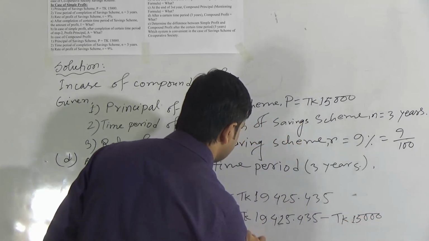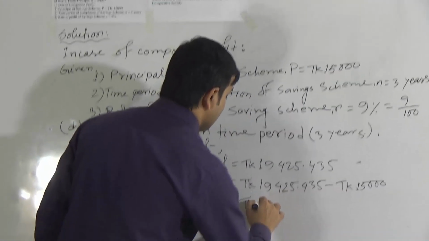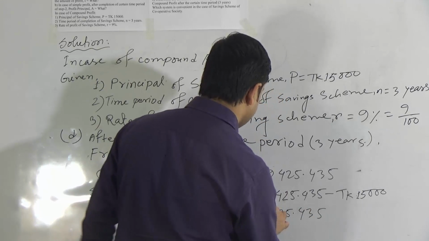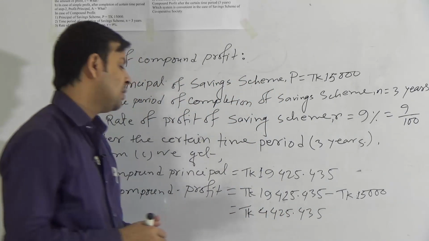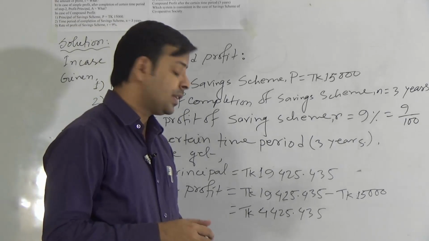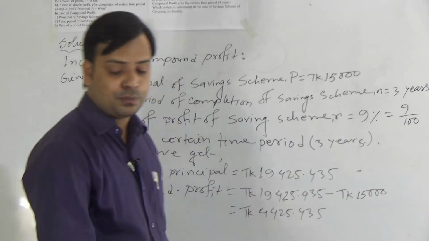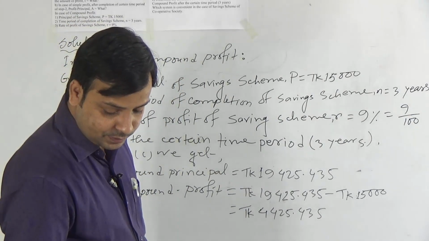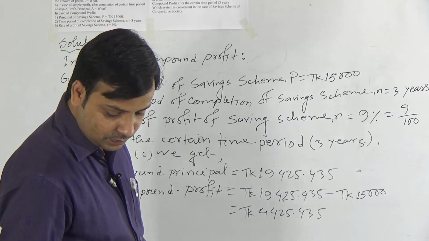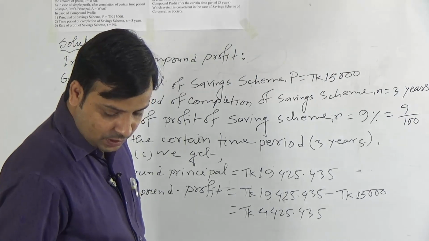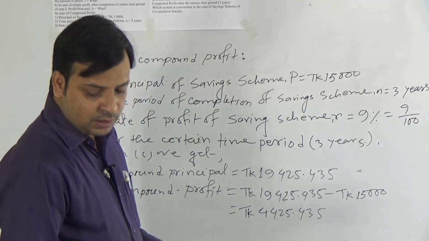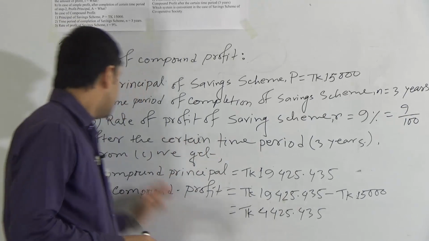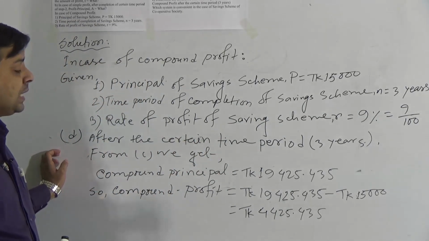If we subtract, we'll get taka 4,425.435. Okay, dear students, question D is solved.